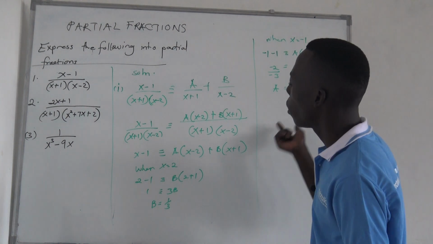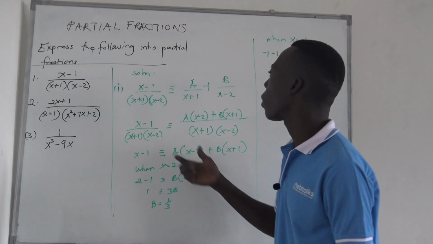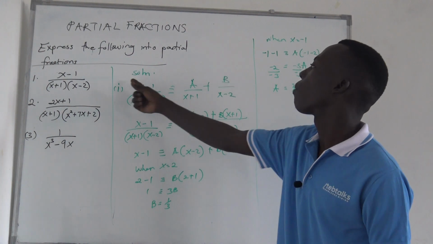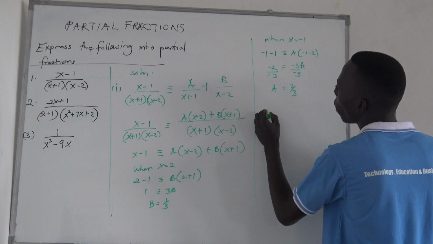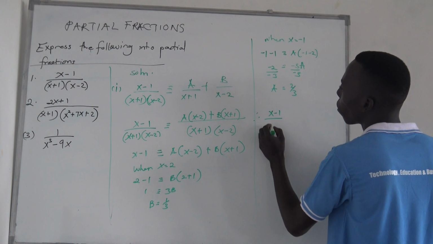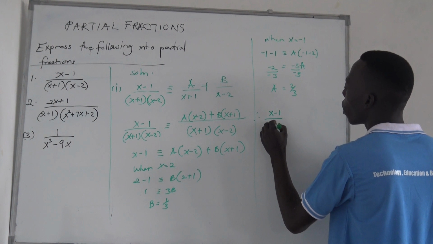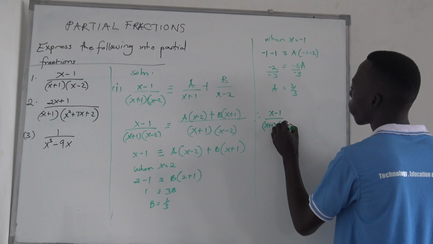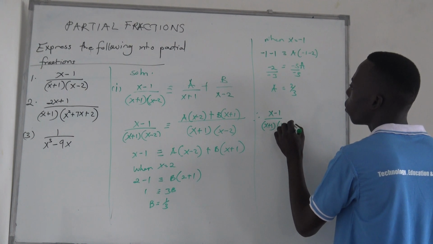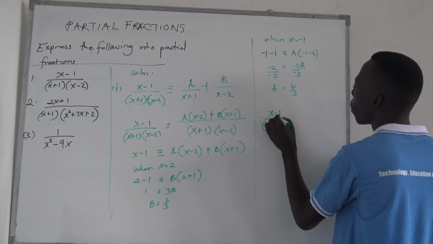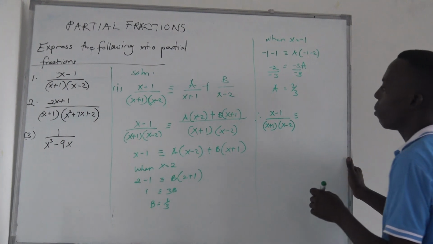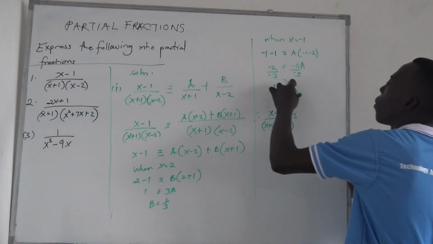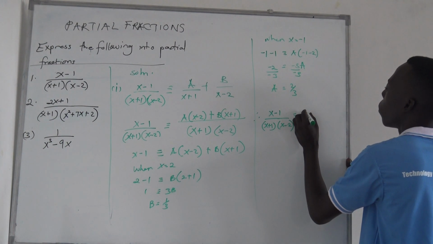Then after getting the value of A and B, come back and substitute in this first part which we said. So we said then therefore x minus 1 out of x plus 1 times x plus 2, x minus 2 is equivalent to the value of A, which is 2.